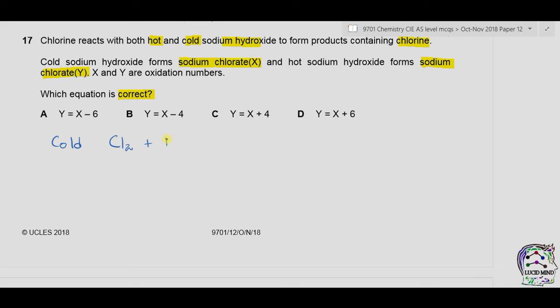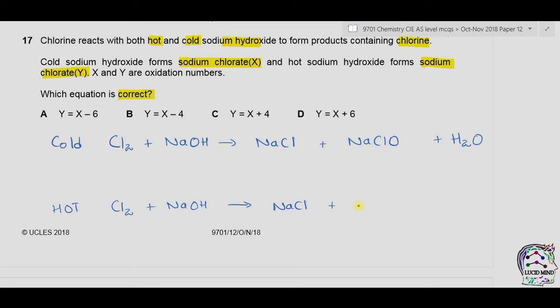With cold sodium hydroxide, chlorine forms sodium chloride, NaClO and water. With hot sodium hydroxide, chlorine forms sodium chloride, NaClO3 and water.